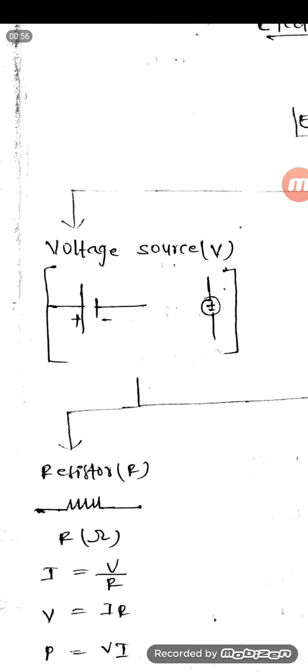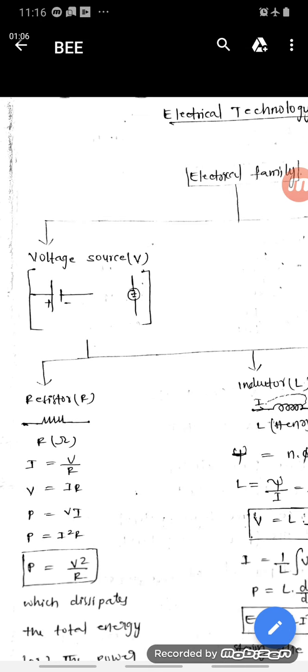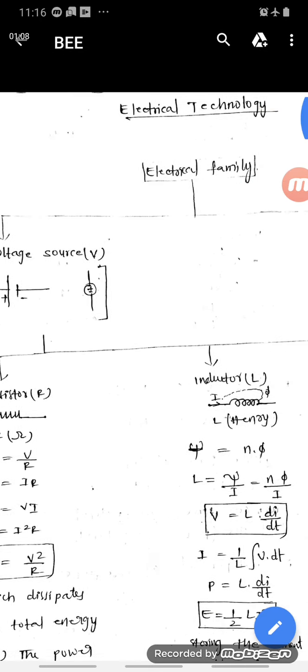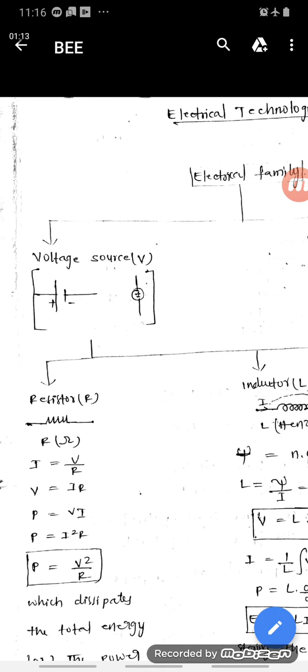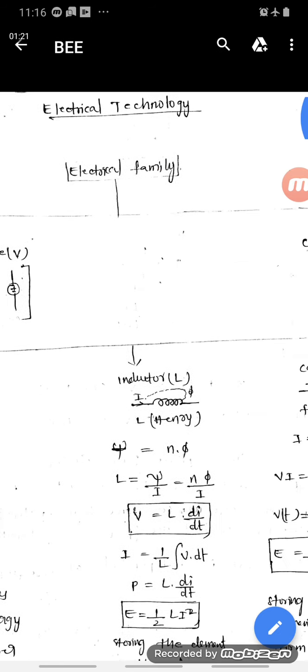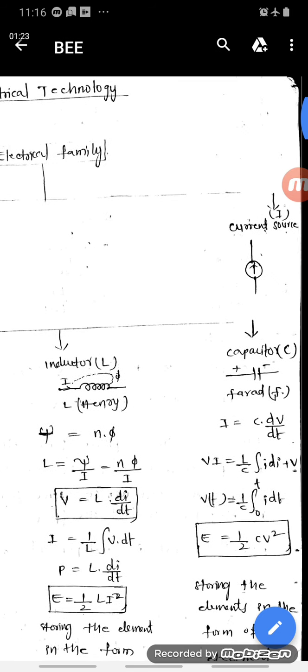Assume as an example, if the main sources of your family are, first, your father and second, your mother. Just like your father, voltage source is the main source of your family, and the second source is current source.